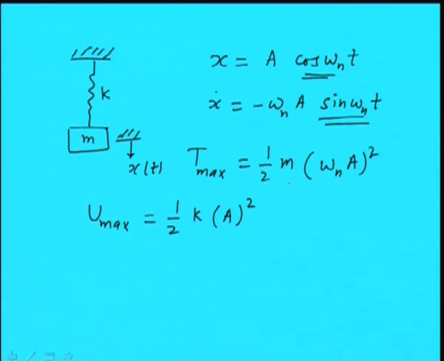We can equate them, and if we equate them, we will get omega n square equal to k by m, which is this very familiar equation, because this is the natural frequency of the system.